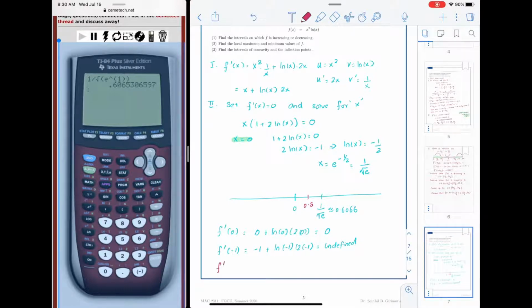So f prime of 0.5 would equal 0.5 plus ln of 0.5 multiplied by 2 times 1 over 2, which is 0.5, which is 0.5 plus ln of 0.5. And that gives us a negative number, which means the function is decreasing.